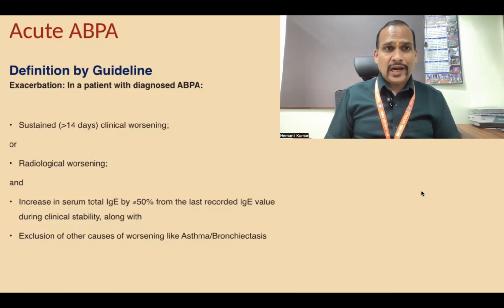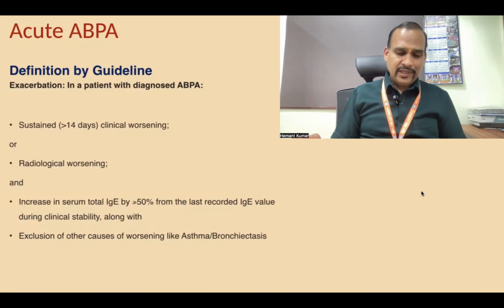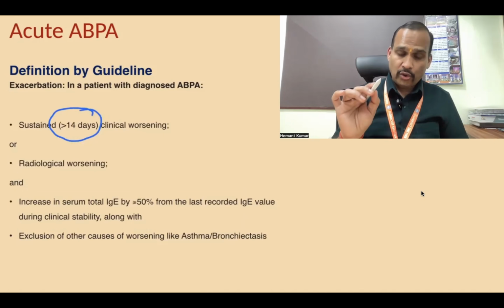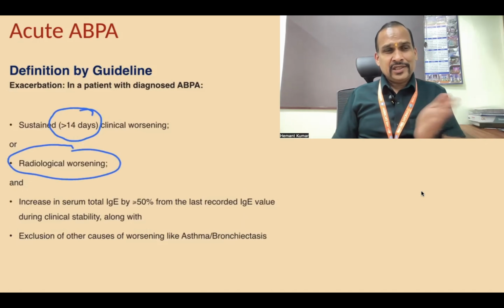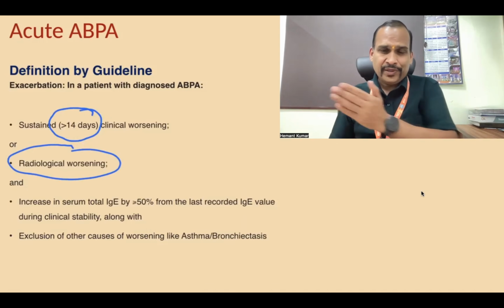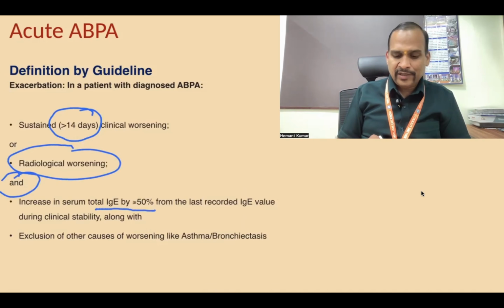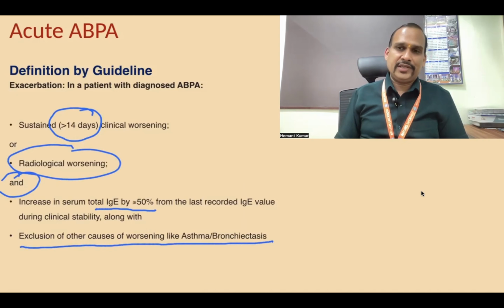So according to guideline, how to define acute ABPA exacerbation? If symptoms are more than 2 weeks, or radiological worsening. So if you think the patient is stable but he is having radiological worsening, or the patient is having symptoms and raised serum IgE by 50%, and exclusion of other causes of worsening like asthma and bronchiectasis.